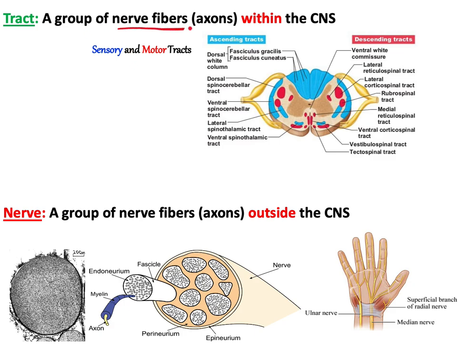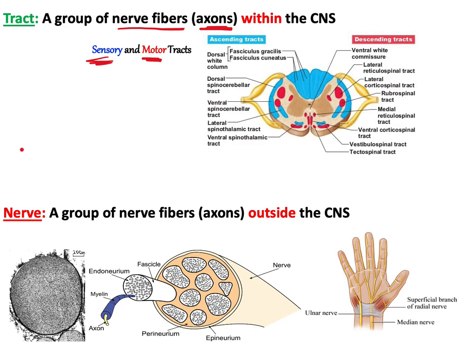So when the nerve fibers or axons of neurons gather and pass in one location, they create a tract. For example, this is a cross section of the spinal cord, right? So look at these tracts. The sensory tract is blue, while the motor tract is red. That means you have a sensory tract and a motor tract.